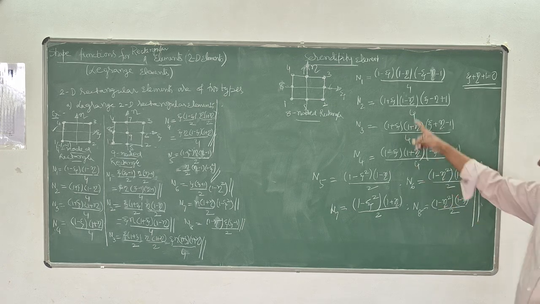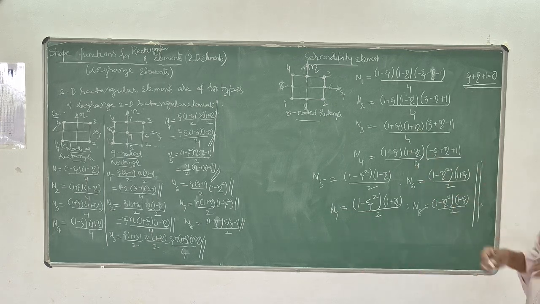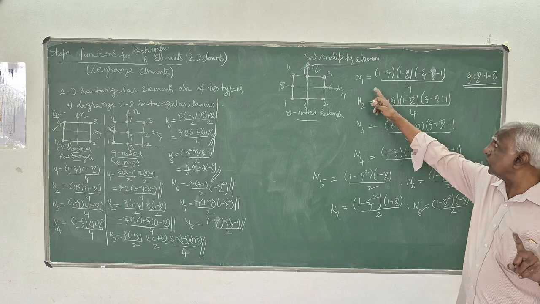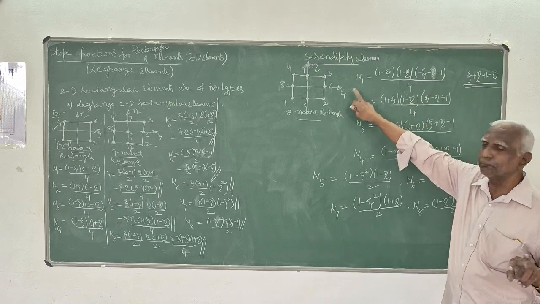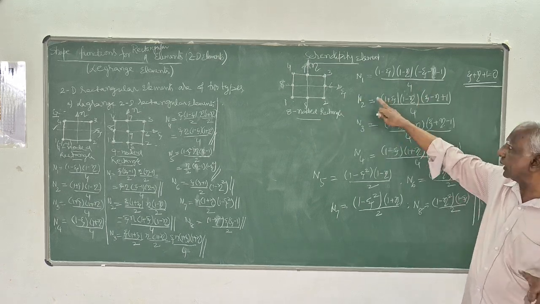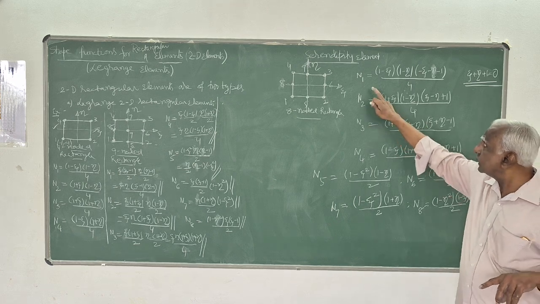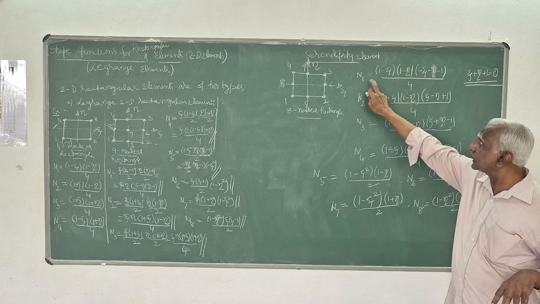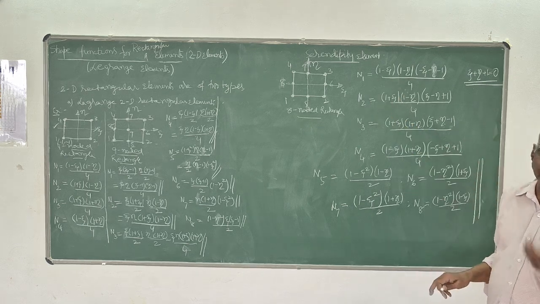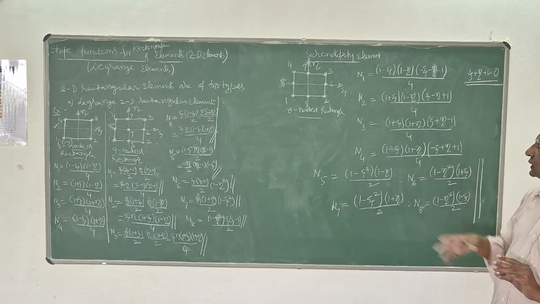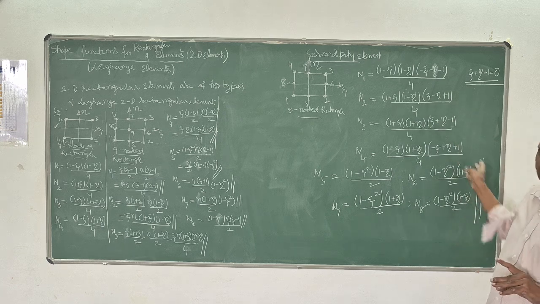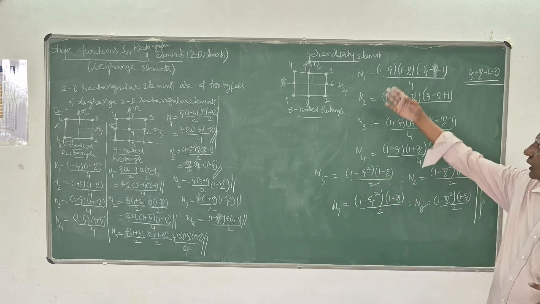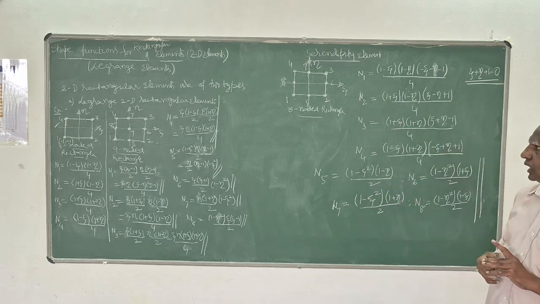Keeping in mind the property of the shape function, that is, the value of the shape function at its own node will be 1, and the value of all other shape functions at that particular node is 0, you can write the shape functions for serendipity elements also.